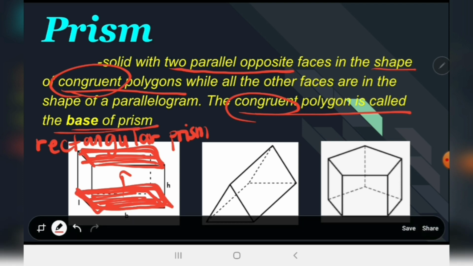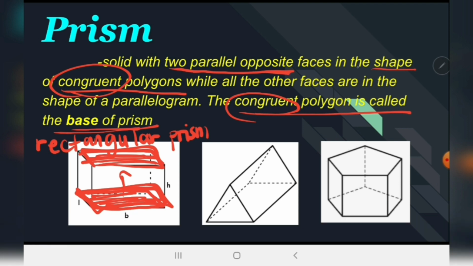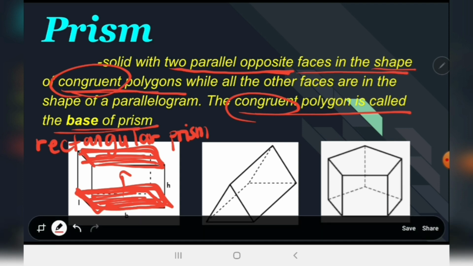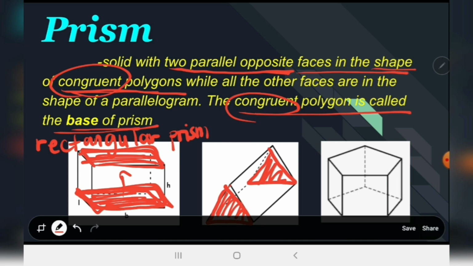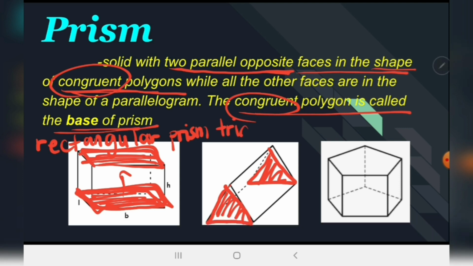How about number 2? The two parallel opposite faces in the shape of congruent polygons are here, and this is a triangle. So this is now our base. Since our base is a triangle, the name of this prism is triangular prism.